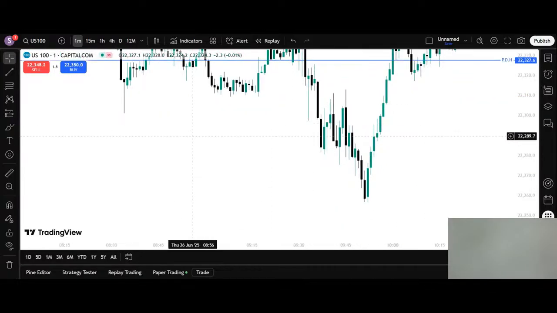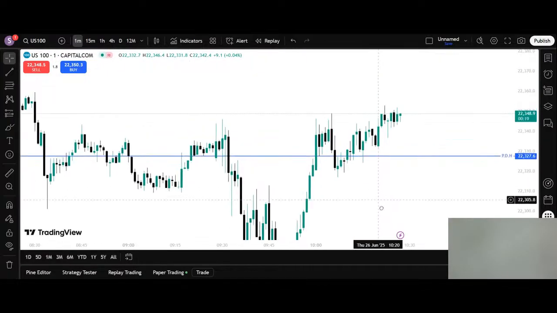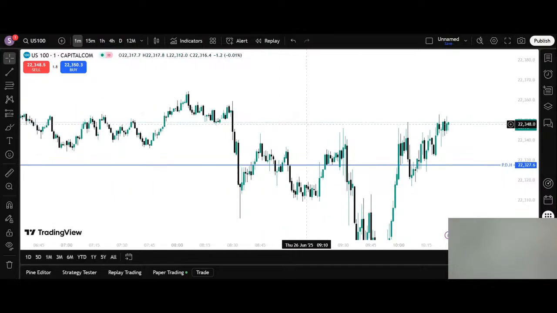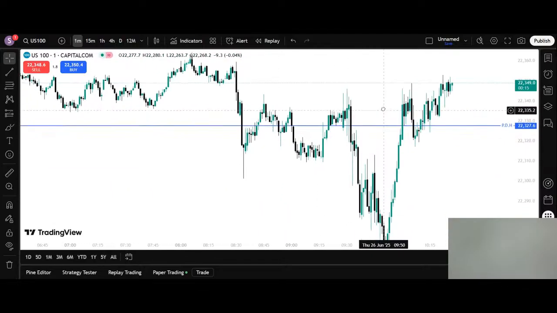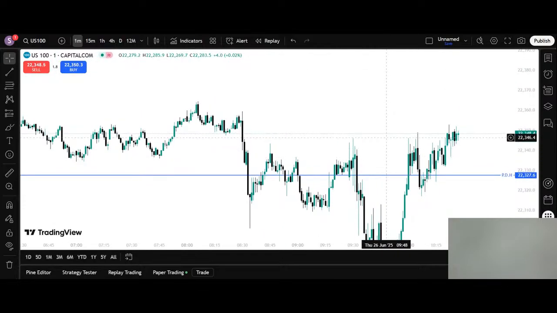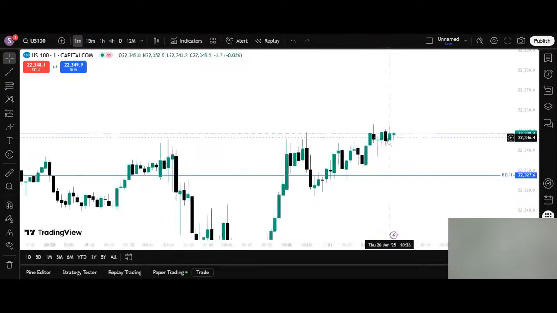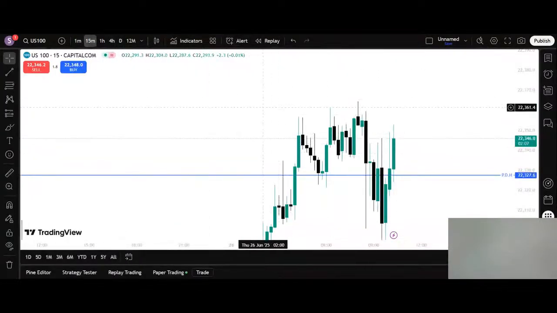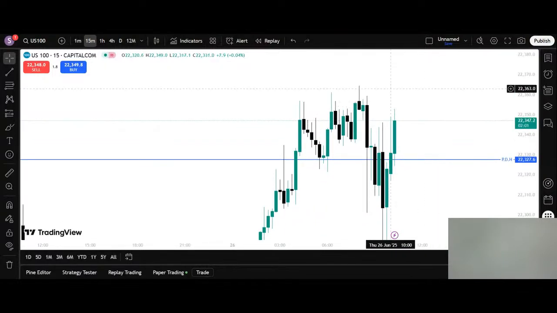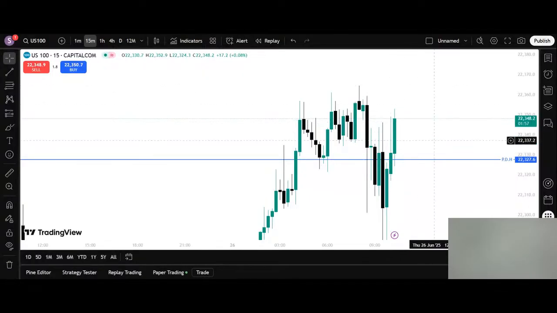Let's see. If the 15-minute candle closes that bullish, there's a very big chance that it's gonna go up there at 365.